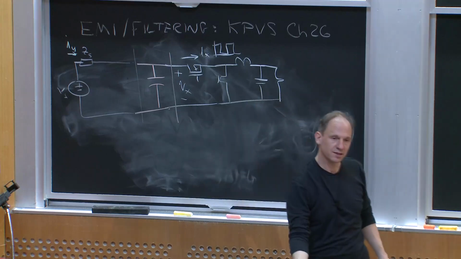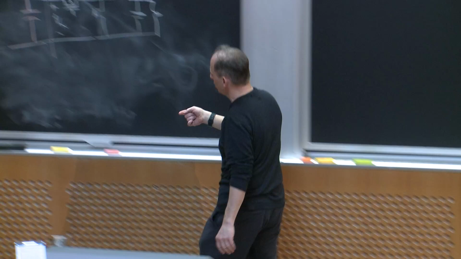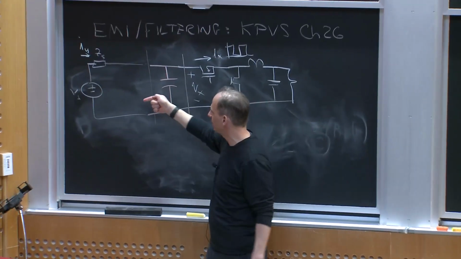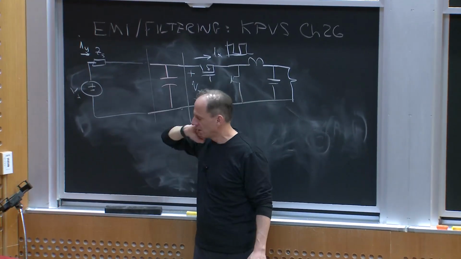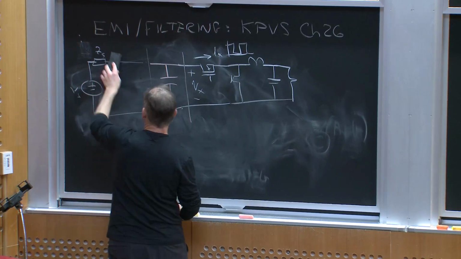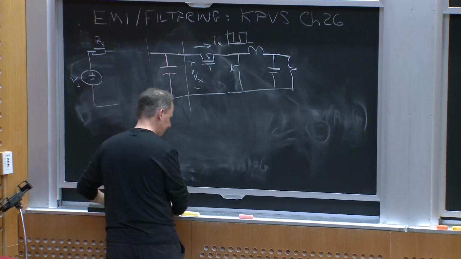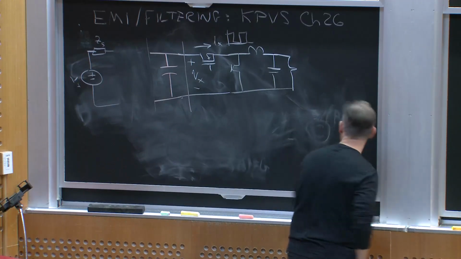So if I want to test to some standards, I need some better way of basically controlling the impedance we're looking back into. And so to do that, when we're doing EMI testing, we insert an additional stage in here, which I'll draw in orange.